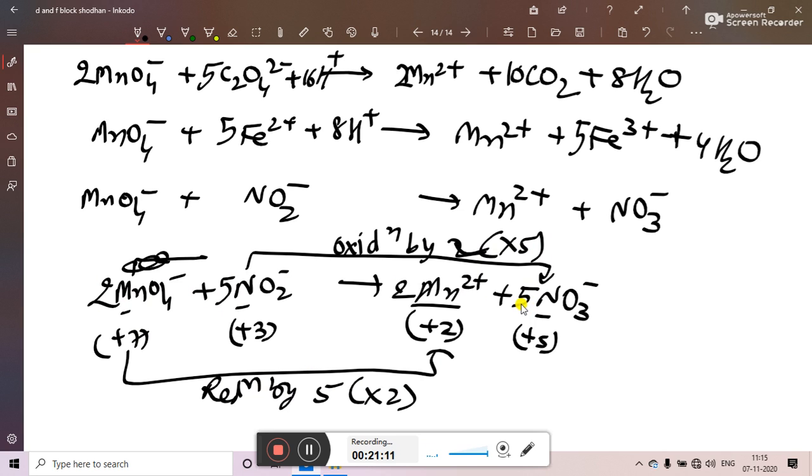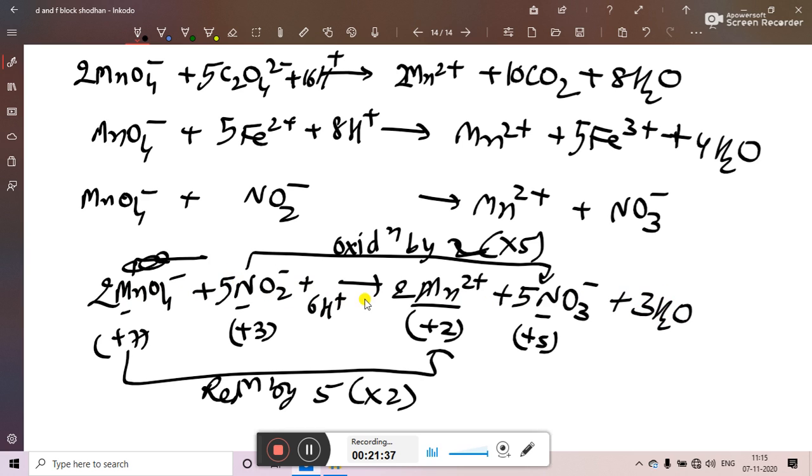We have to add H plus on that side where total charge is less, that means on the left hand side. On the left hand side we have minus 7, on the right hand side minus 1. So how many H plus do we add on the left? 6H plus, because minus 7 and plus 6 will be minus 1. On the right hand side, in order to balance hydrogen atoms, for 6 hydrogen we will write 3H2O.